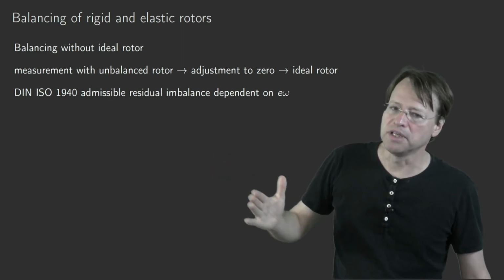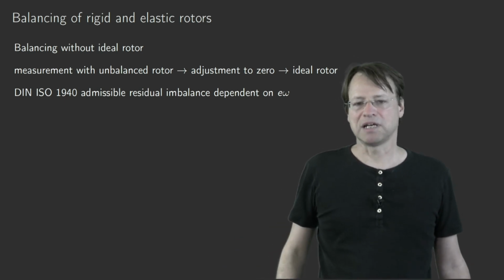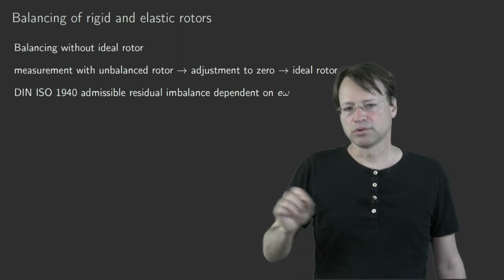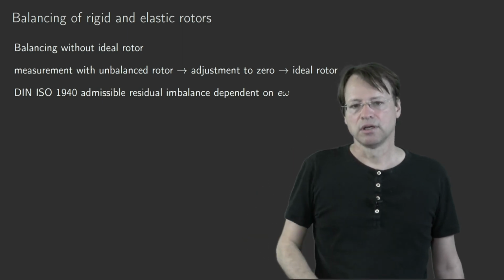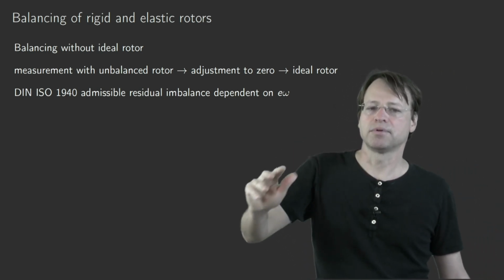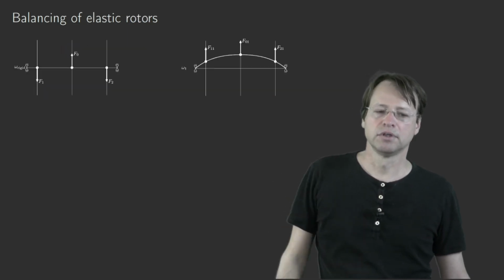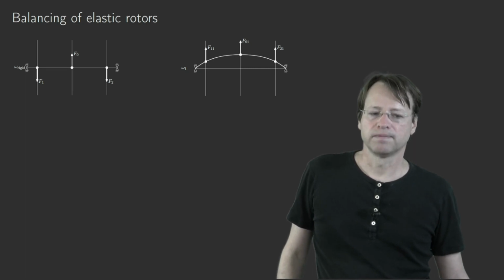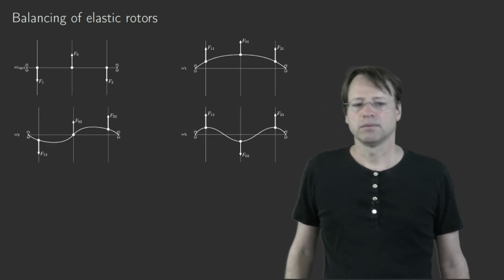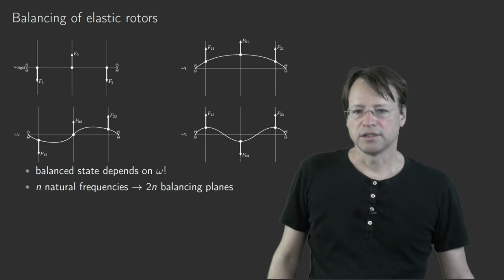So depending on omega, it will be in different states of displacement, corresponding, for example, to different vibration modes. You know that for each eigenfrequency, you also have an eigenvector, and that eigenvector corresponds to the deformed shape of a flexible system. And therefore, the balance state depends on omega. So as there are n natural frequencies, we will have also n or 2n balancing planes here.